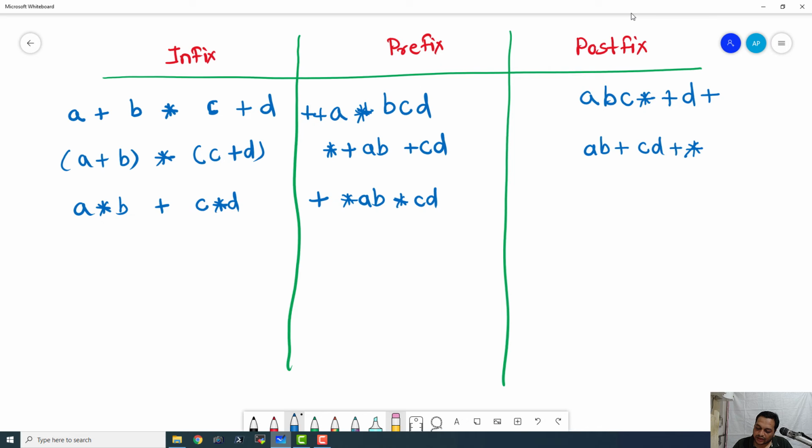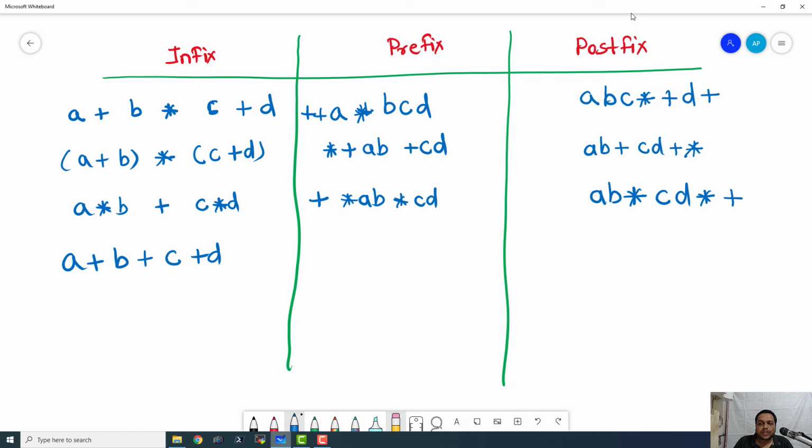Similarly here we can write AB multiplication, CD multiplication and addition.